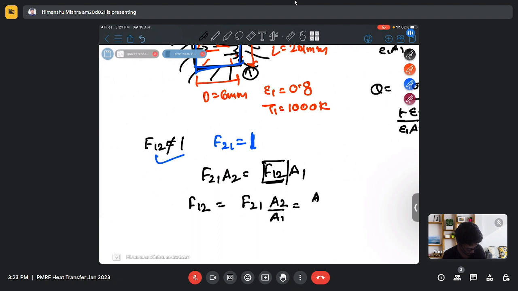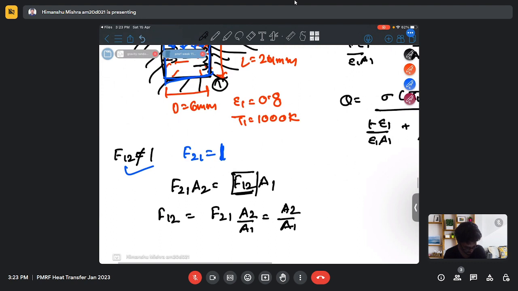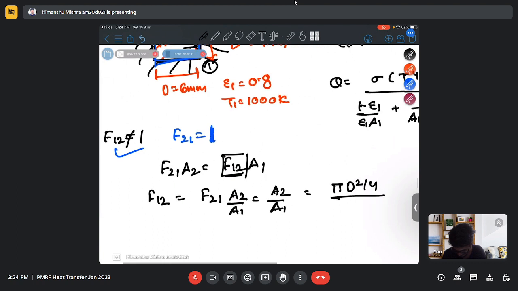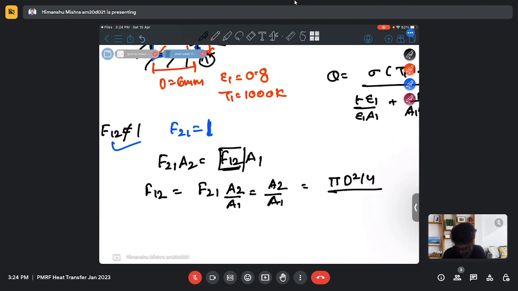It is just A2 by A1. So my A2 is just pi d square by 4, and my A1 is pi d square by 4 plus pi d l.